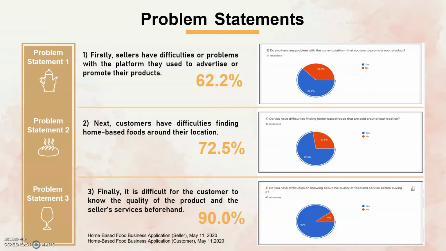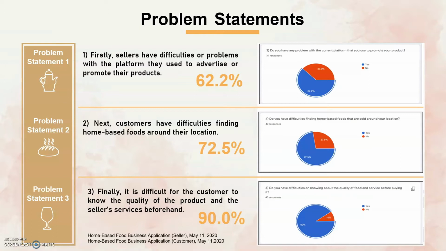And finally, the third problem statement is that it is difficult for the customer to know the quality of the product and the seller's services beforehand. As I stated before, the main platform used for advertising the product is Facebook or other forms of social media.